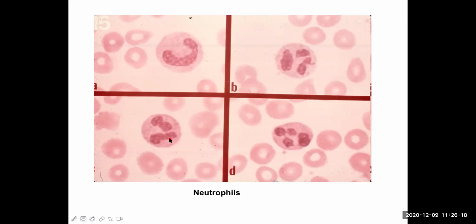This is also a mature neutrophil, and this is known as a hypersegmented neutrophil. If the neutrophil has 5 or more segments in the nucleus, it is a hypersegmented neutrophil. Now, can you tell me in which condition hypersegmented neutrophil is seen? Megaloblastic anemia.